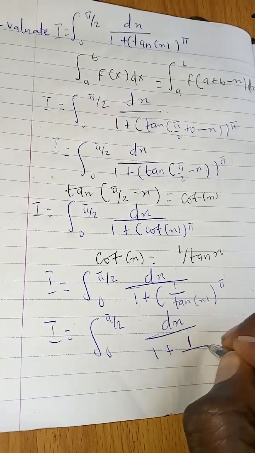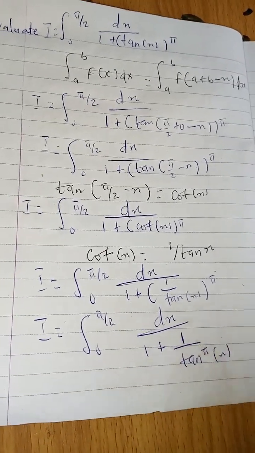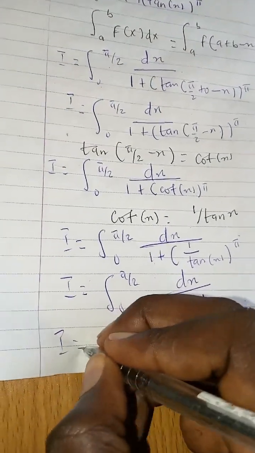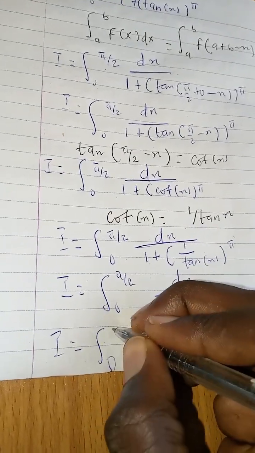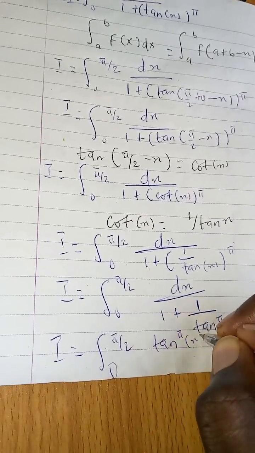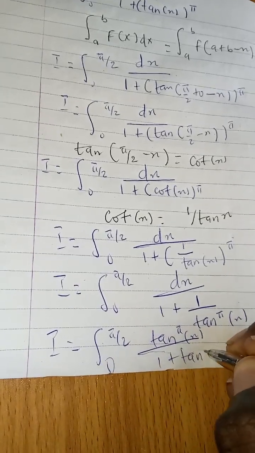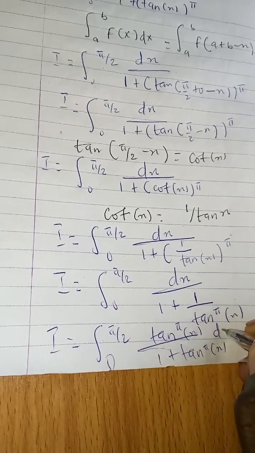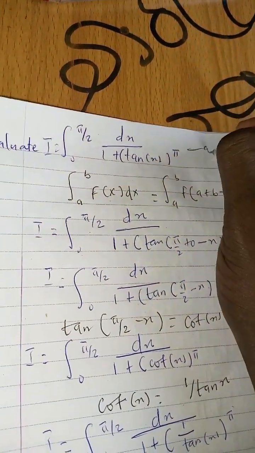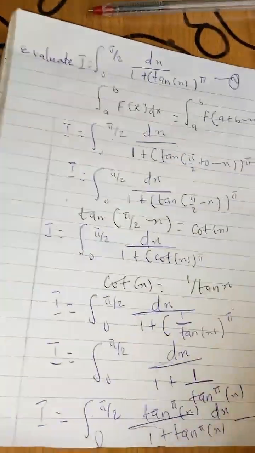So our integral is now transformed to the integral from 0 to pi over 2 of tan raised to the power of pi of x over 1 plus tan raised to the power of pi x dx. I call my initial integral A and I call my second integral B.